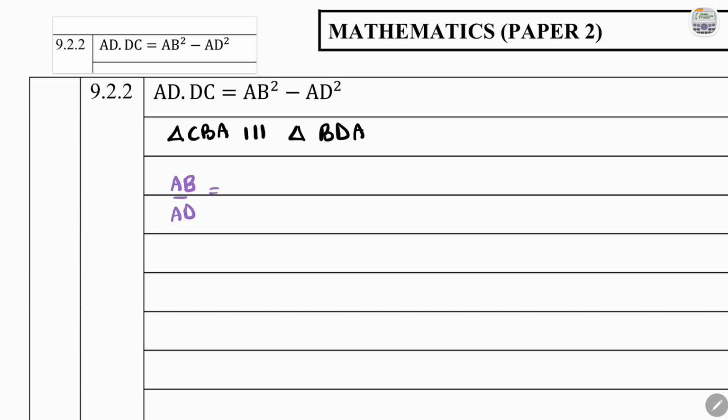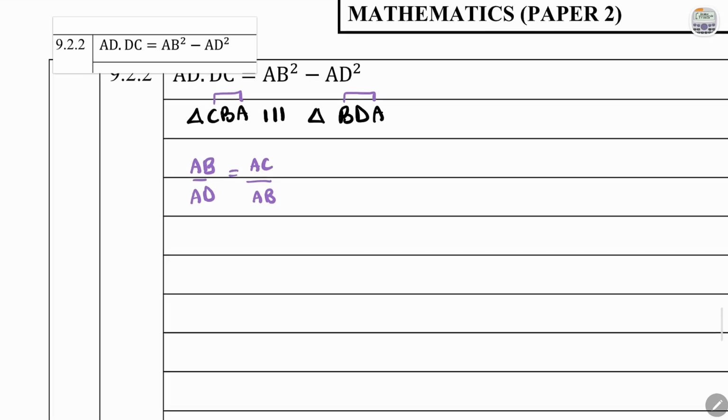DC is not here, so we'll hold off on that for now. But we do have another AB. So it's probably where the squared is coming from. So we have AB, and then we would take that with AC. So we have AC over AB.